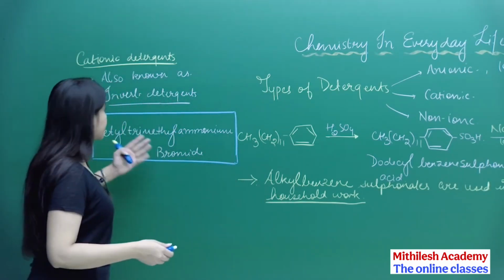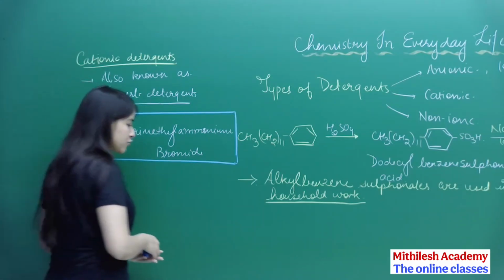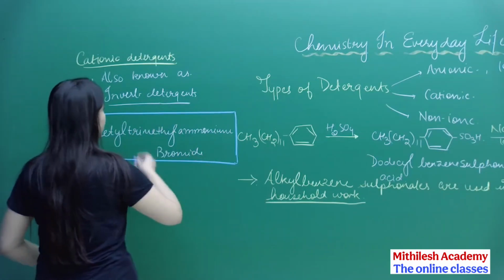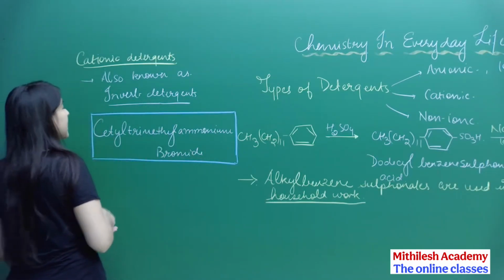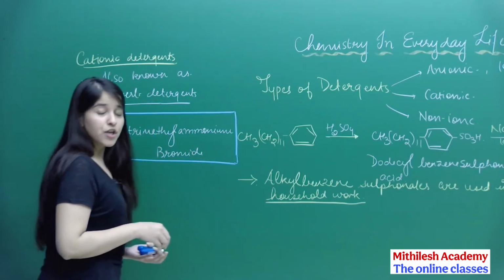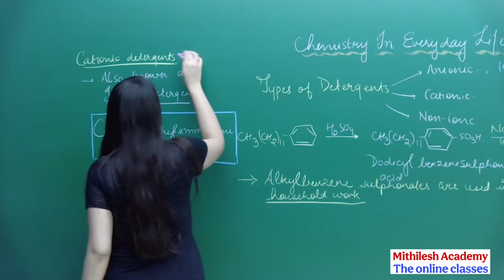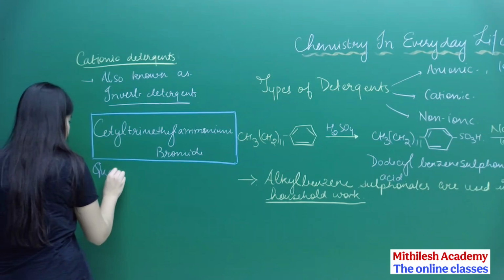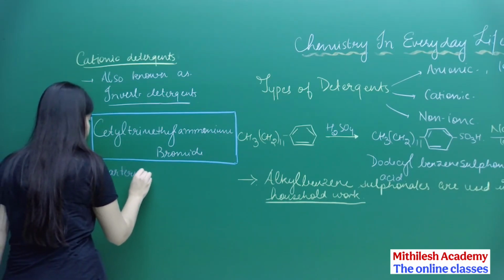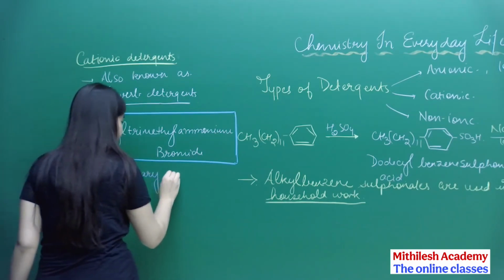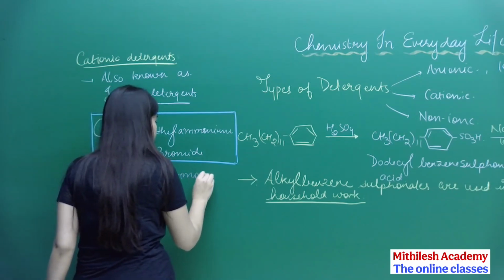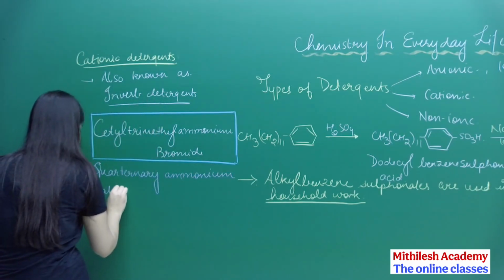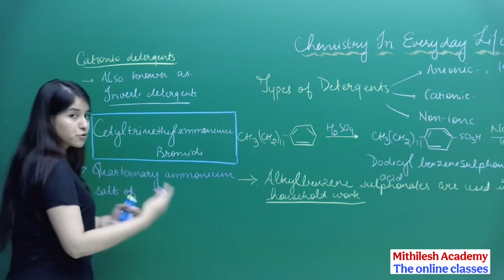So what is the structure for this very compound? So the structure would be something like this. Let us just have a structure. I need to have a quaternary ammonium salt. So basically under the category of cationic detergents, we need to have quaternary ammonium salts. So these are quaternary ammonium salts of, I need to mention the counter ion.